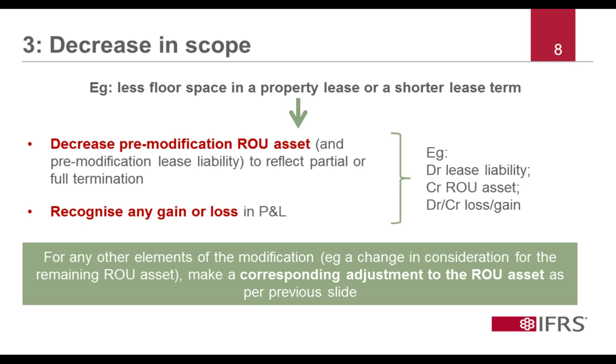When this happens, then after reflecting the partial termination, the lessee must also make a further adjustment to the lease liability to arrive at the modified lease liability that we talked about on slide 6. The other side of this adjustment reflects a change in the cost of the remaining right-of-use asset, similar to what we discussed on slide 7.